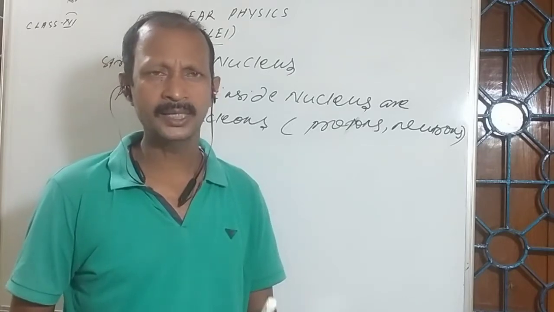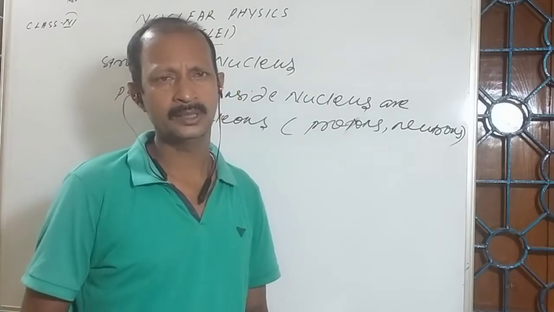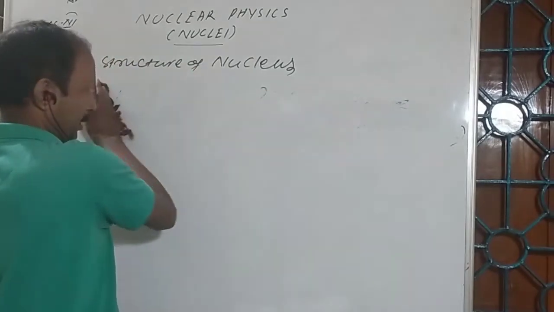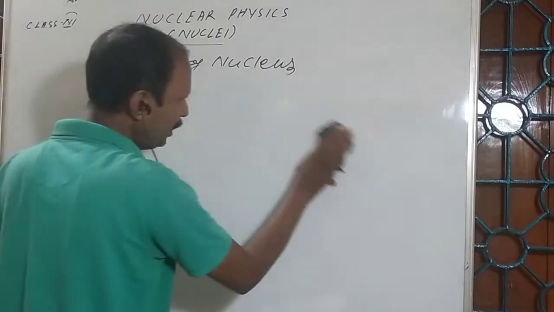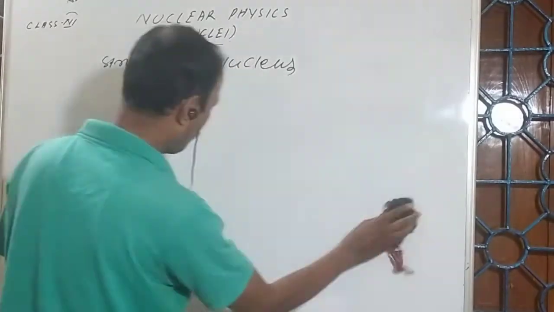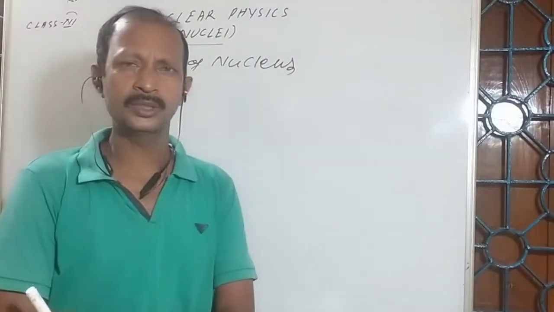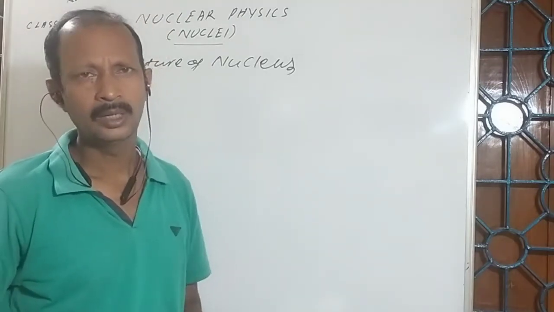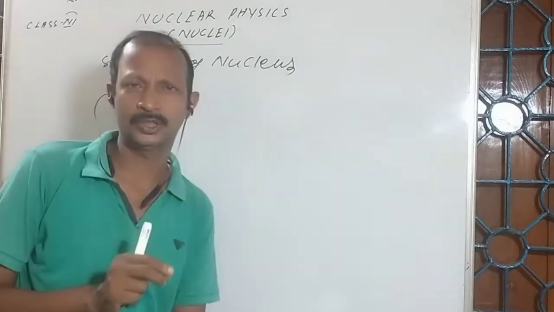The fact is that there is a lot of gap between the central nucleus and the extra nuclear part. The nucleus depends upon the protons and neutrons. Protons are positive in charge, neutrons are neutral. So the central nucleus is positive in charge.